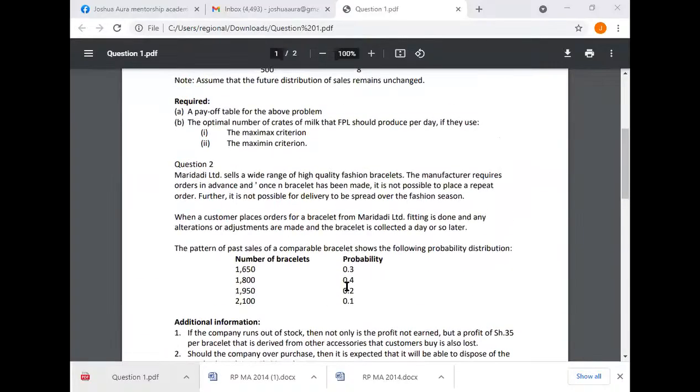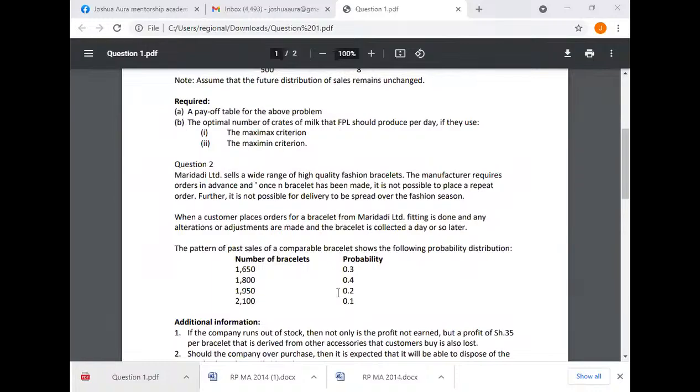These are the probabilities. I need to come here and fix the probabilities on the demand. So we have 0.3, 0.4, 0.2, 0.1.